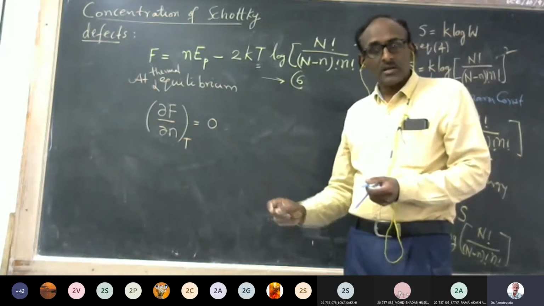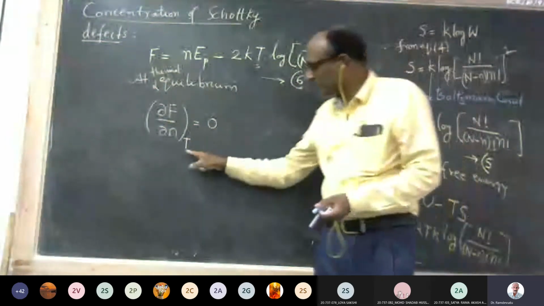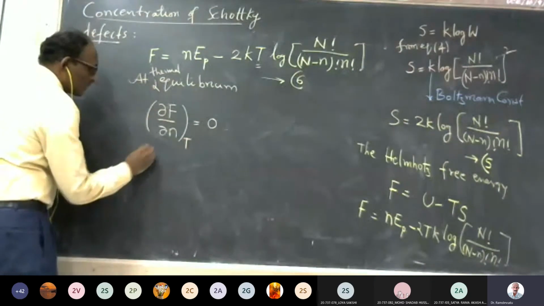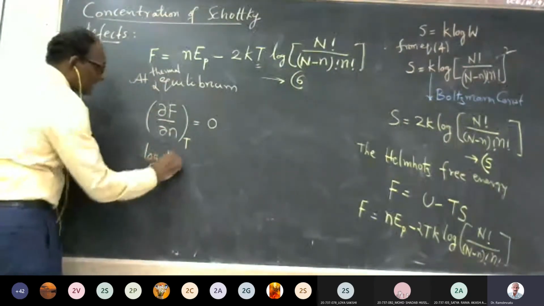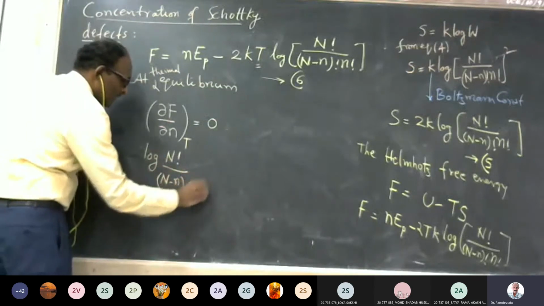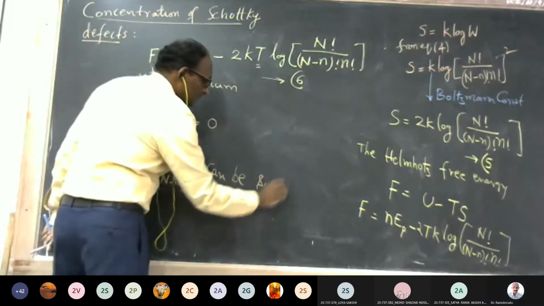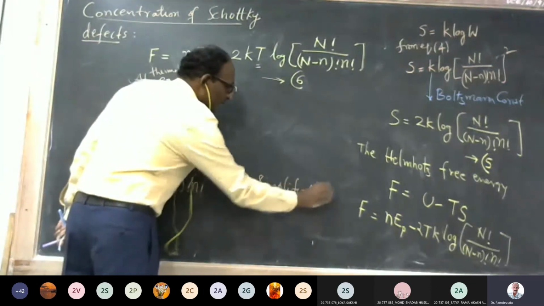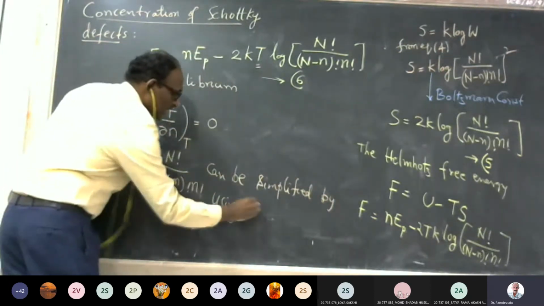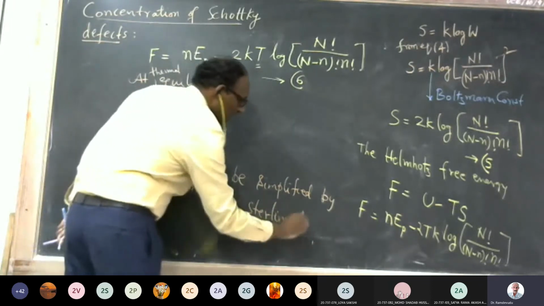Now we have to see what the Stirling approximation is, and you need to solve this first before going to this differentiation. Therefore, I write now: the log of n factorial by n minus n factorial into n factorial can be simplified first by using the Stirling approximation.